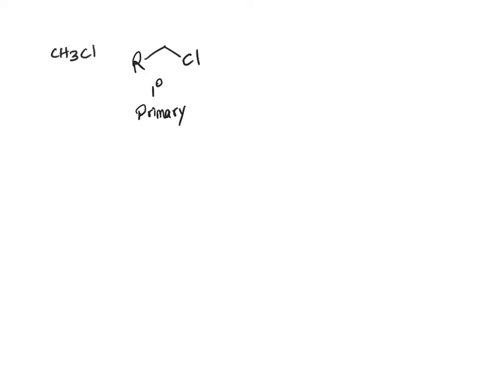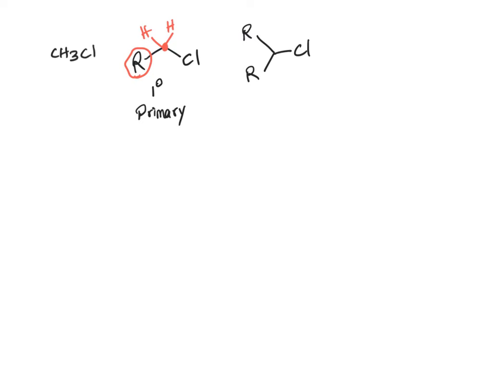So for example, here this carbon is bonded to one carbon, this alkyl group, and two hydrogens. This is a primary carbon, and chlorine is bonded to a primary carbon, which means this is a primary alkyl halide.